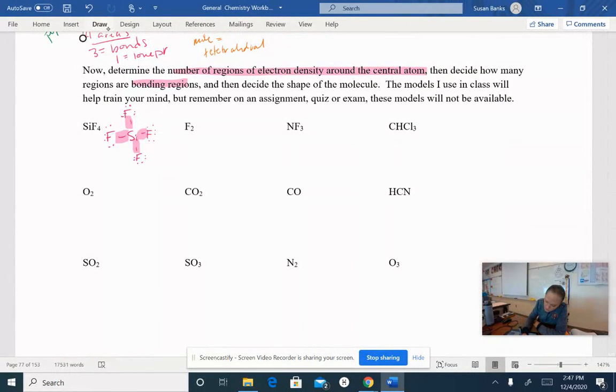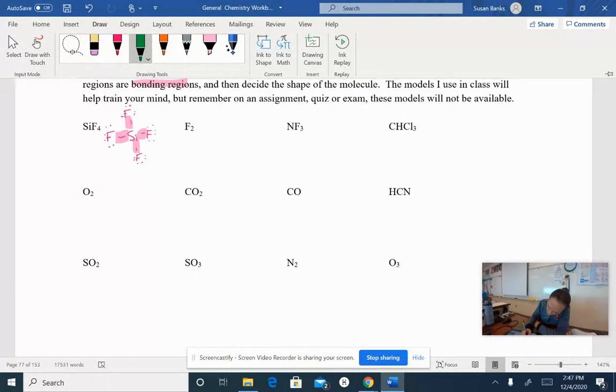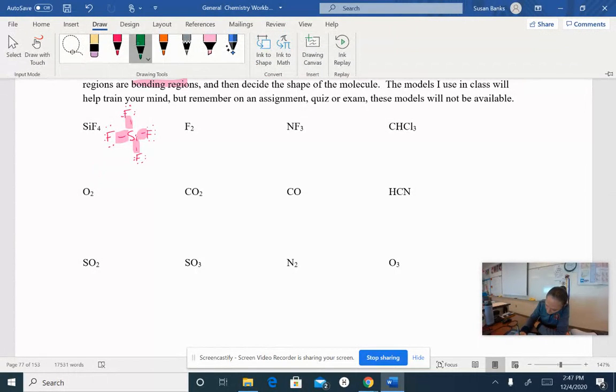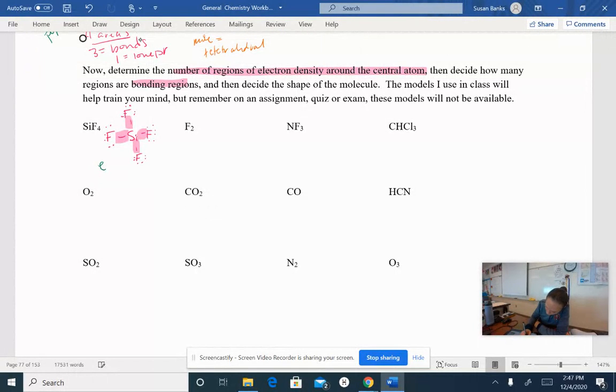Okay, so let's put that in here. So my electronic geometry is tetrahedral, and my molecular geometry is also tetrahedral.